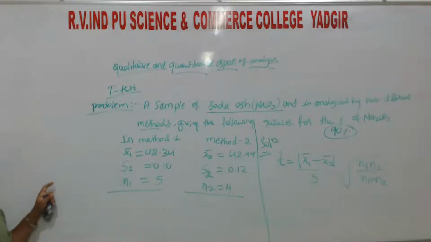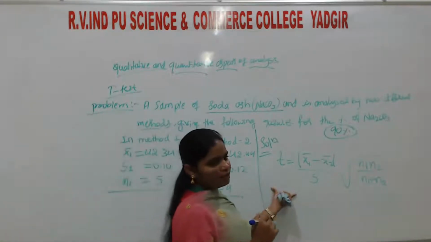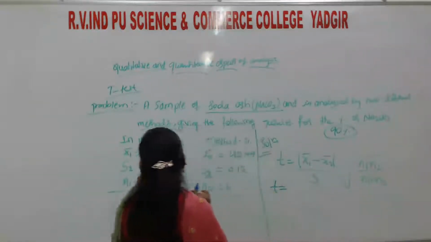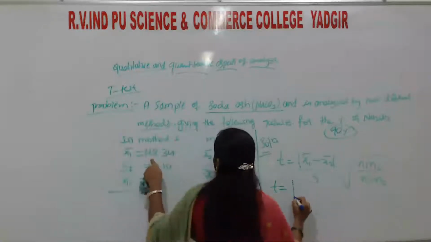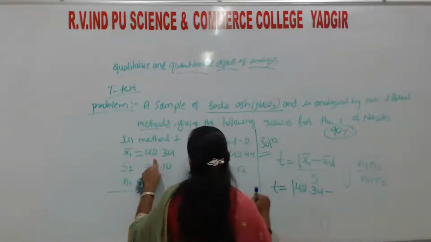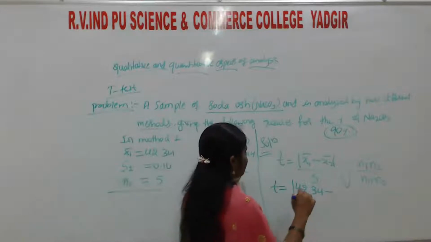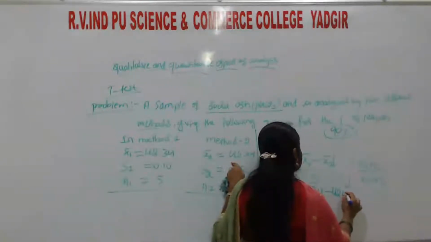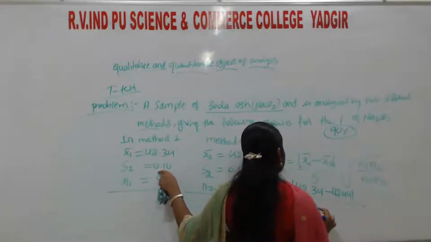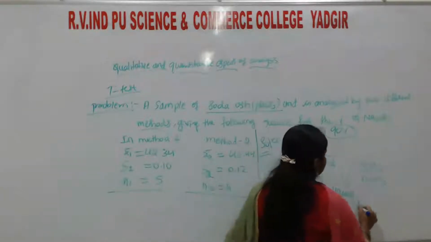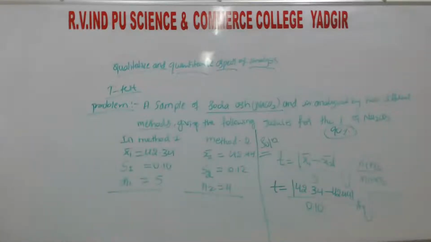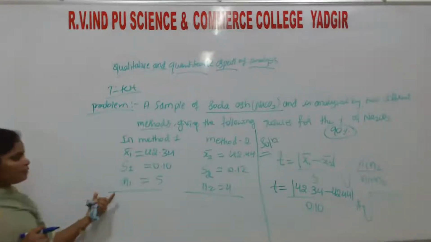You substitute the values in this formula. X1 bar is 42.34 minus x2 bar 42.4, divided by s1, which is 0.10, multiplied by the square root of n1 into n2.